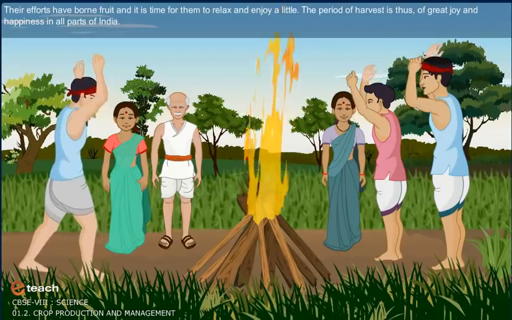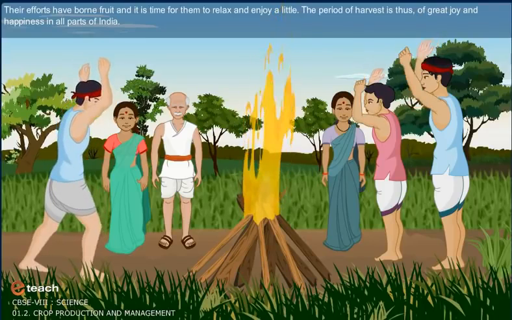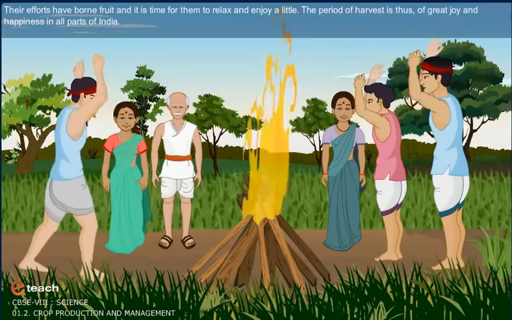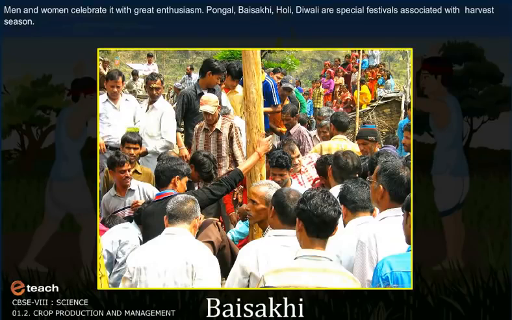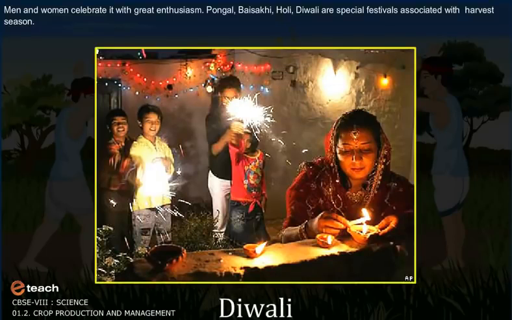The period of harvest is thus of great joy and happiness in all parts of India. Men and women celebrate it with great enthusiasm. Pongal, Baisakhi, Holi, Diwali are special festivals associated with the harvest season.